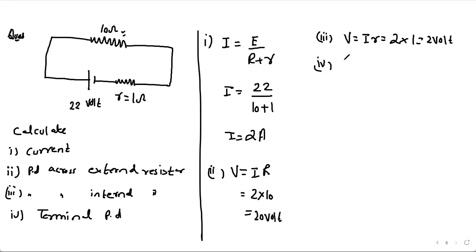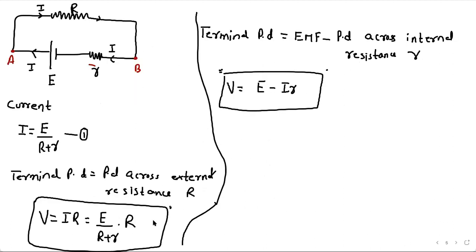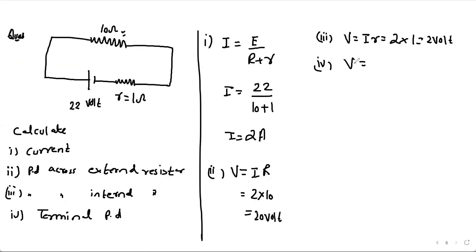Fourth part of the question. Now you need terminal potential difference. We have two relations for terminal potential difference. One is this, another is this. I'm using both. It's E into R divided by R plus r. So your E is 22, R is 10, r is 1, multiplied by R, which is 10.